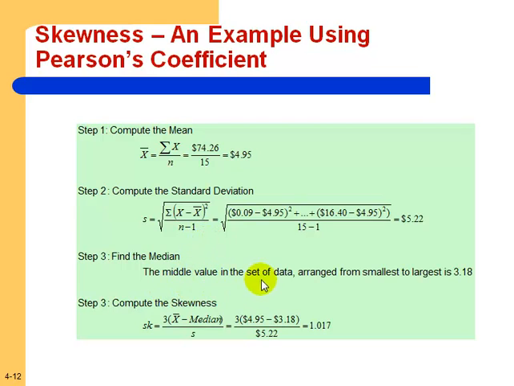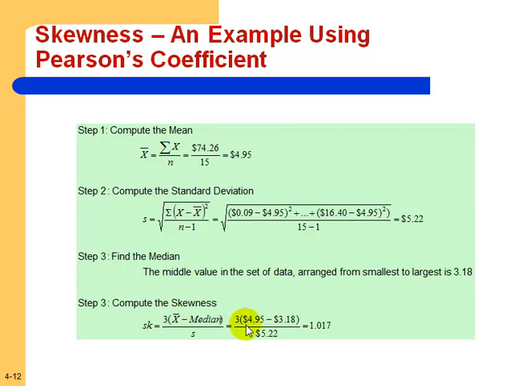Step 3, find the median. The middle value in the set of data arranged from smallest to largest is 3.18. Step 4, we can compute the skewness after we find the mean, median, and standard deviation. Skewness equals 3 times (x bar minus median) divided by the sample standard deviation.